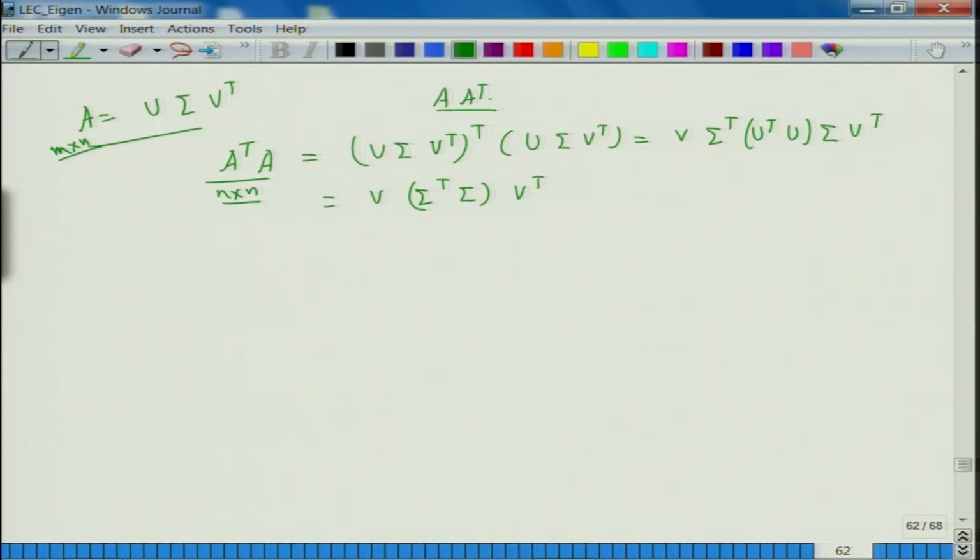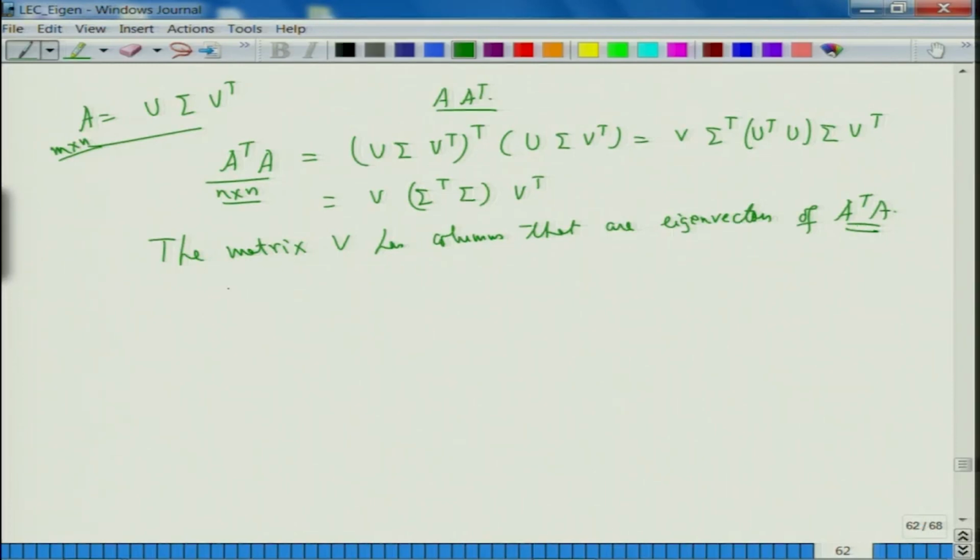So, you can see that by the same argument, the matrix V appears as the columns of the matrix V. The matrix V has columns that are eigenvectors of A transpose A. All right.